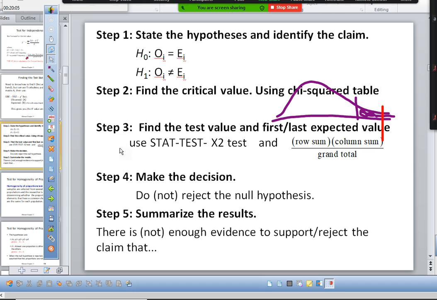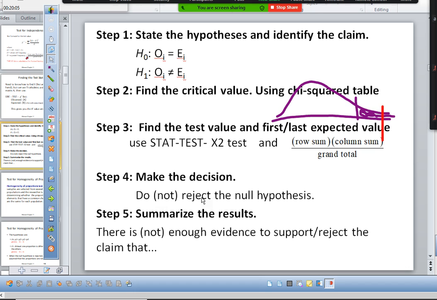Now you've been warned. Step 3, find the test value and find the first and last expected values. That's the row sum times the column sum divided by the grand total. And then you're going to use the stat test chi-square test to find your test value to mark in here.